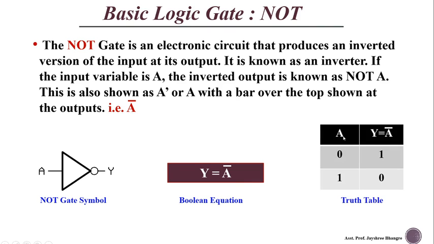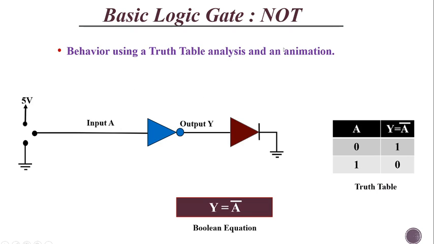of this NOT gate. Only one input is there, that is A. So there are only two possible combinations, that is it may be 0 or it may be 1. When it is 0, output will be its complement, that is 1, and if it is 1, then its output will be its complement, that is 0. So let's see the diagram and the truth table.